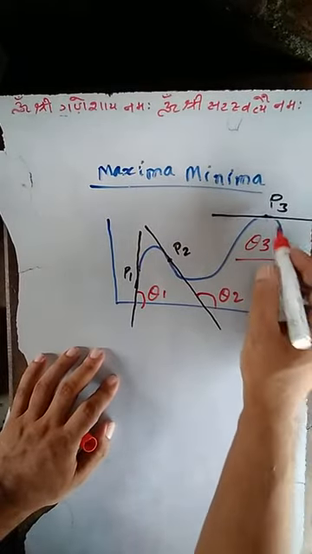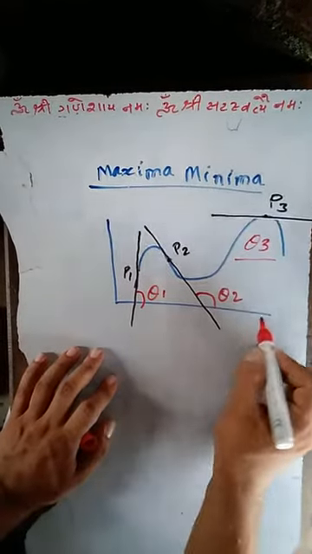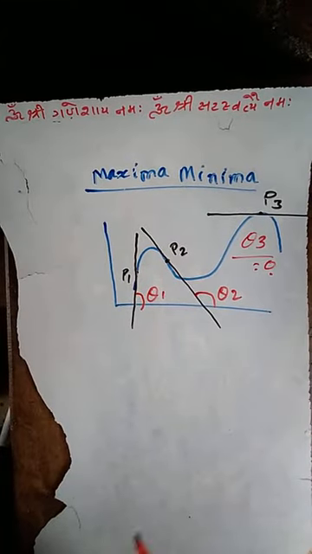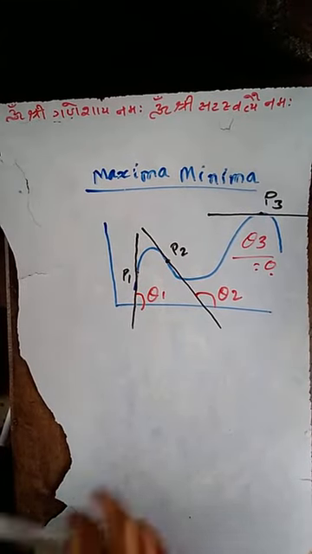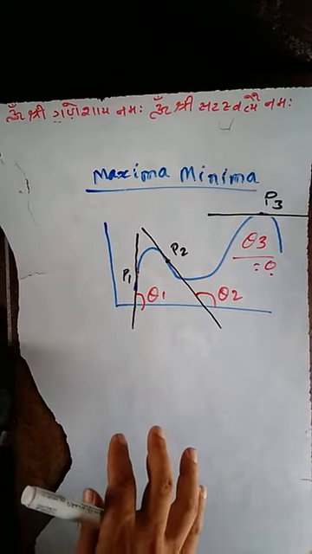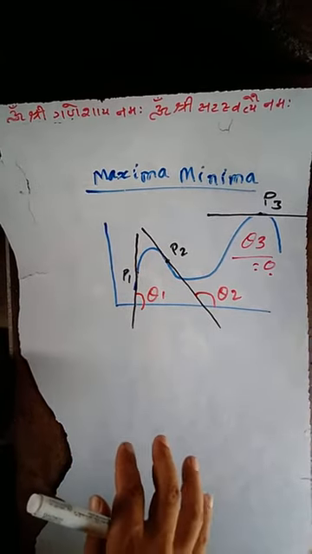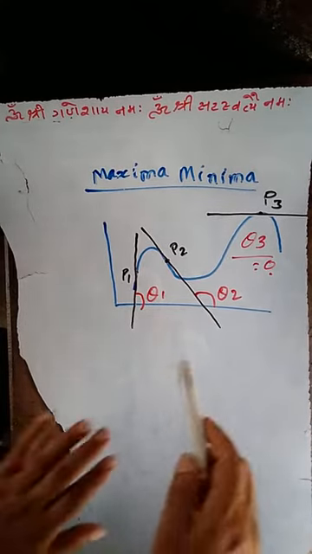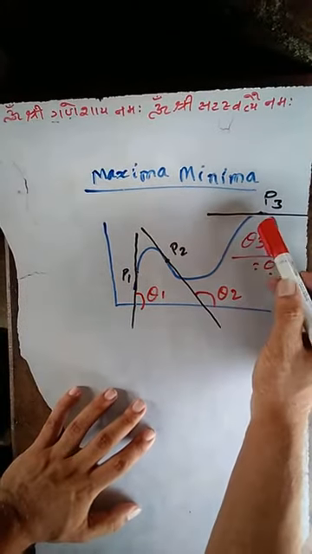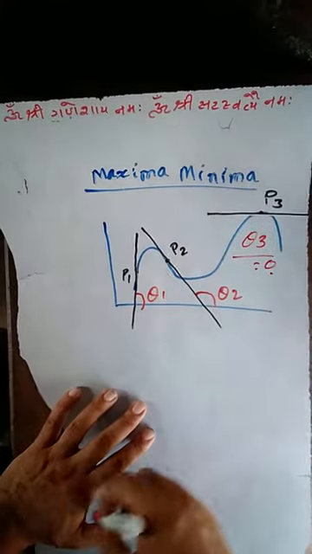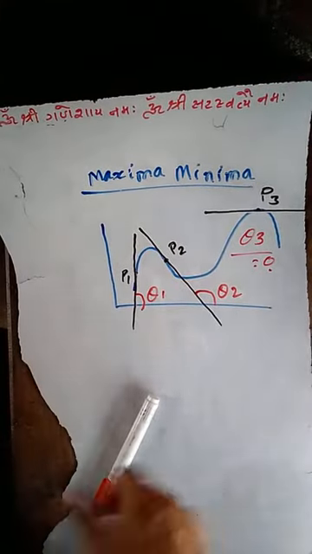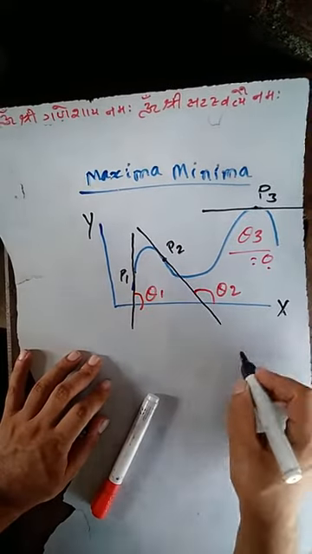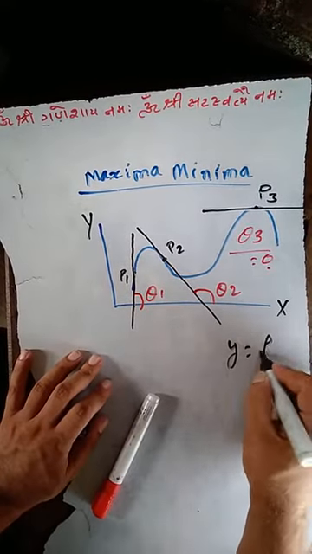This tangent is parallel to the axis, so its angle will be 0. Whenever two lines are parallel and we are asked the angle between them, the angle will be 0 degrees. Here the x-axis and y-axis are as shown, and y is a function of x.